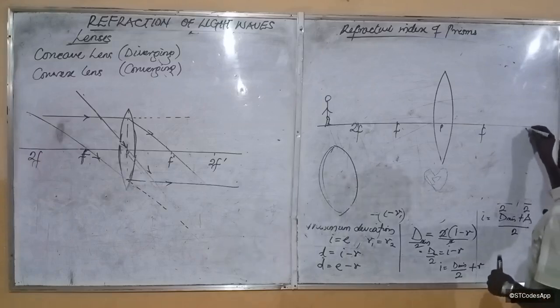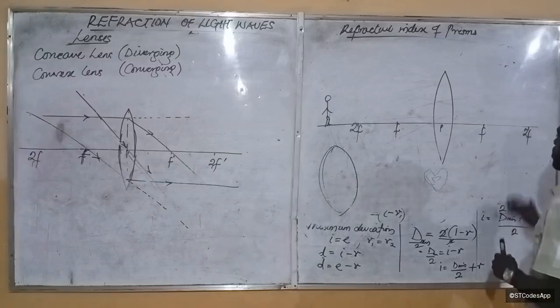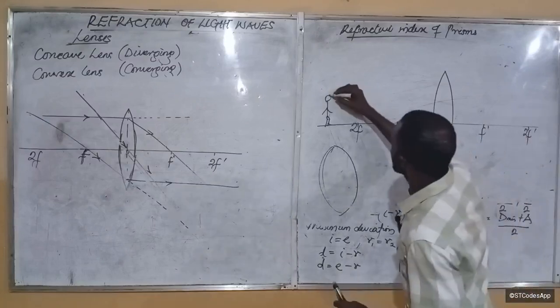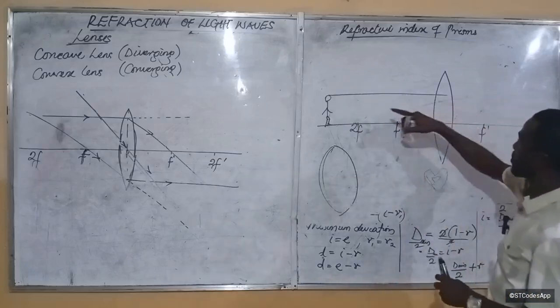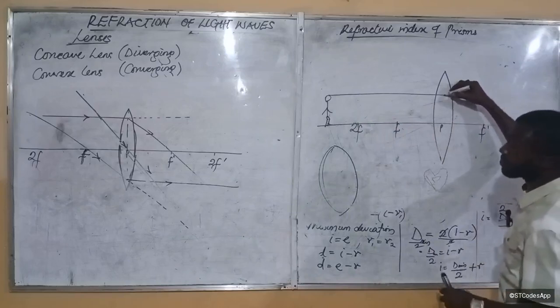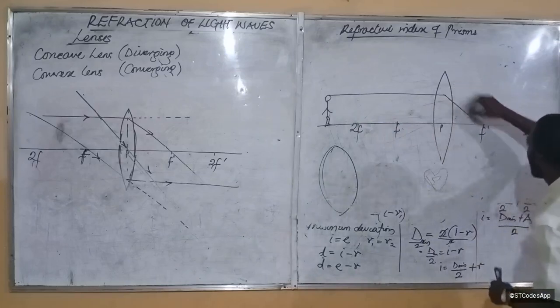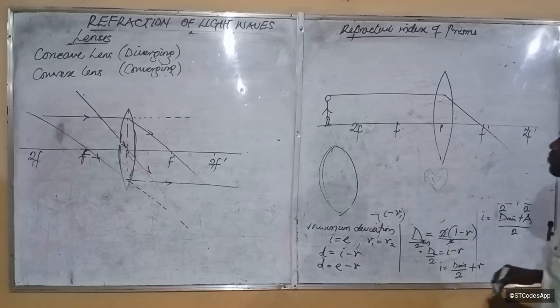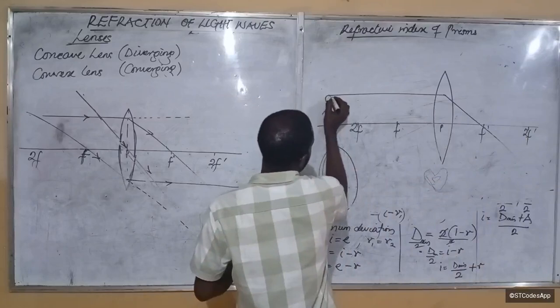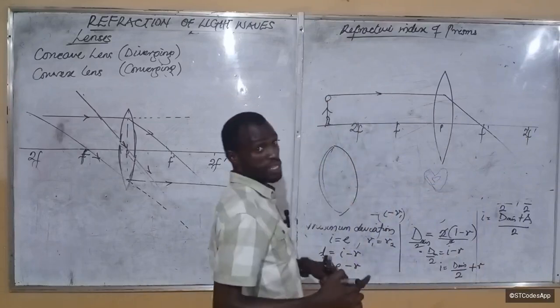So here, I'll have 2F at this point, 2F prime. Now watch. If I draw my ray of light to be perpendicular to this guy, by the time it's converging, it will pass through the focus. If I now draw my ray to pass through the focus from the start here, remember, I want to form the image.